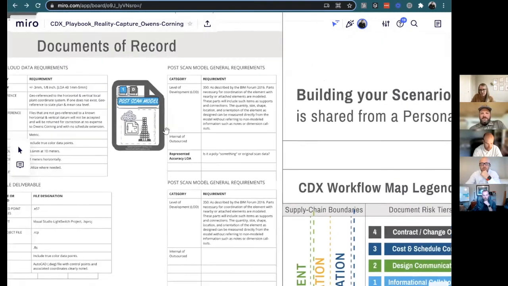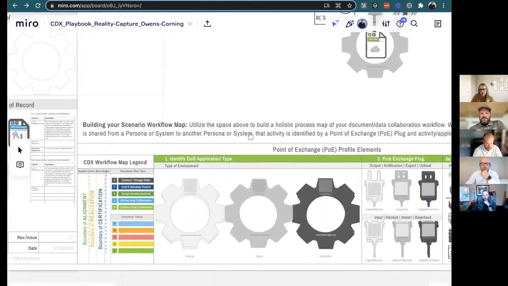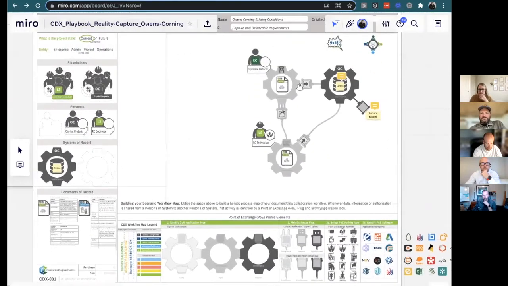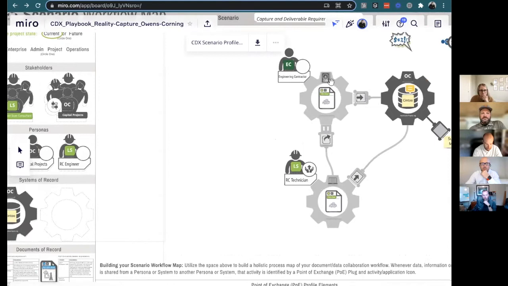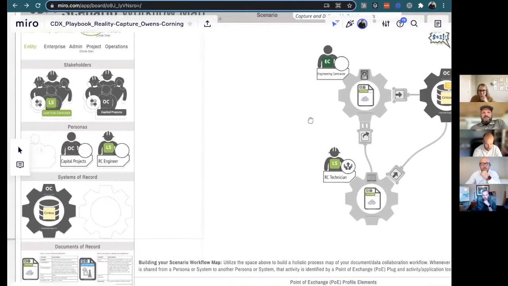I'm trying to pull up the chart that we developed, in a sense an execution plan document, and I can share with you guys what I was just talking about, going from use cases to objectives.